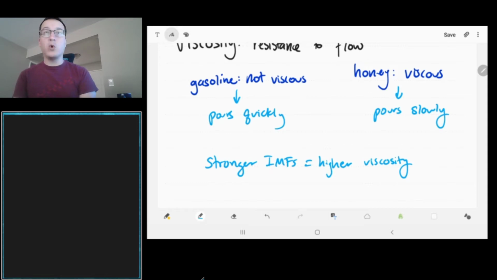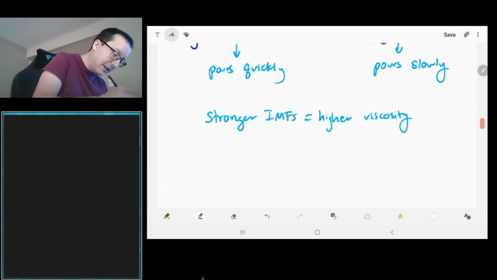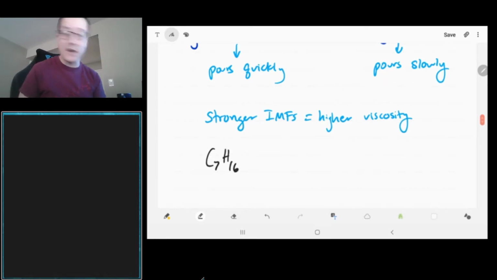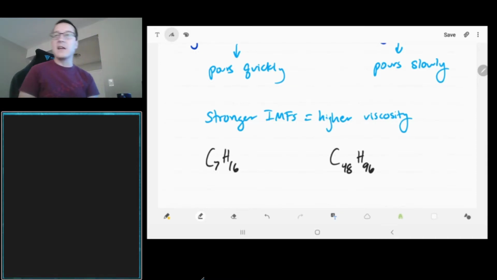If we think about oil versus gasoline, they're both hydrocarbons. But oil is more viscous, right? It flows more slowly than gasoline does. The reason for that is because oil often is much bigger molecules. So gasoline might be something like one of these molecules, heptane. Whereas oils would be something like that.